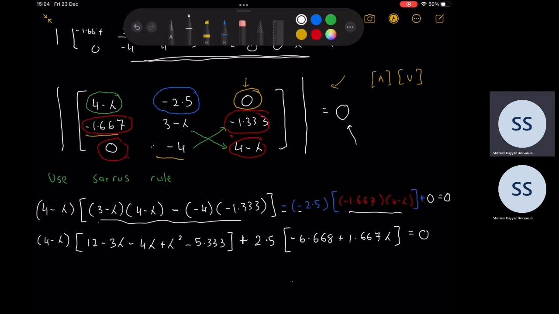So next, what you need to do is solve the things in here, because this and these can be simplified.